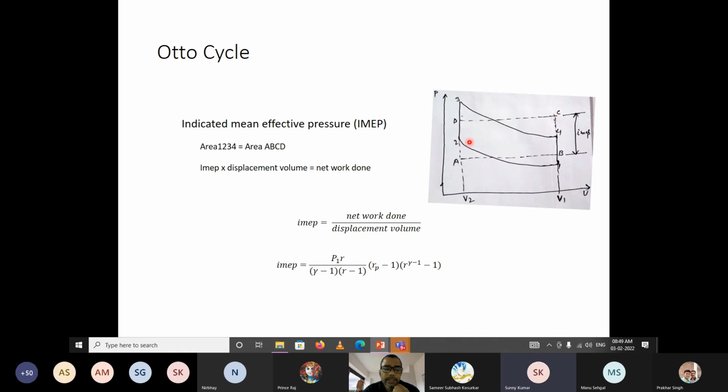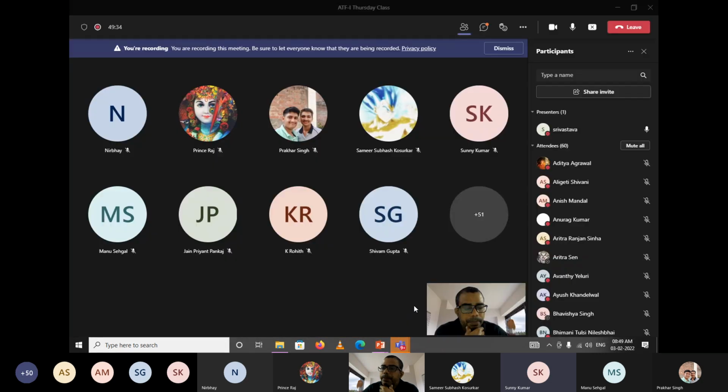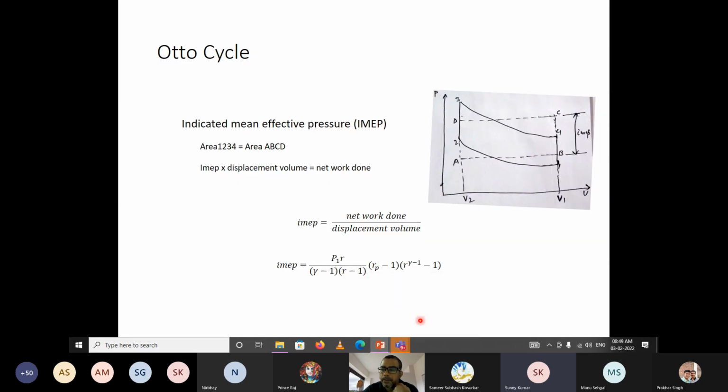Utilizing this concept, the area of 1, 2, 3, 4 is equal to the area of A, B, C, D. The area of 1, 2, 3, 4 is nothing but the net work done by the cycle.